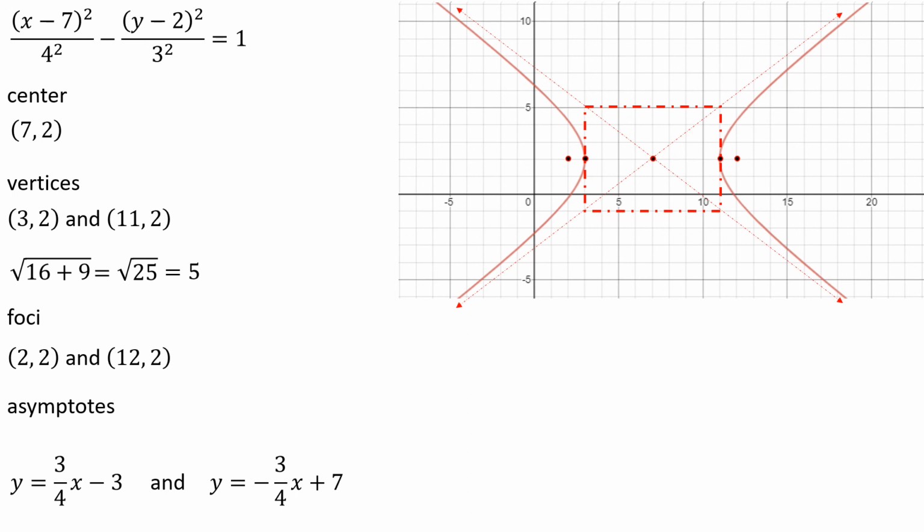It's almost like there's 2 different parabolas on the same picture, although the shape is quite different. The parabola is much more U-shaped, while the hyperbola does have the rounded part by the vertex. It's much more of a V shape because as it goes off toward infinity, it approaches those straight lines, those asymptotes.